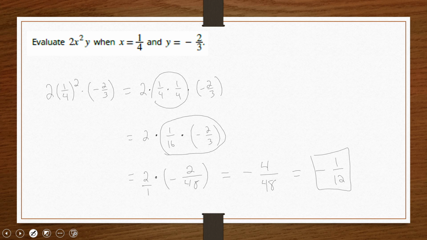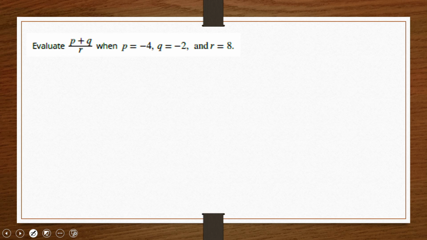All right. Let's try one more example here before we wrap up. Here we're asked to evaluate the following expression, P plus Q divided by R. So we're introducing as our substitution here just integer values. When I make my substitution for P, I get negative 4 plus Q, we're substituting in negative 2, and then dividing by R, which is going to be positive 8 here.